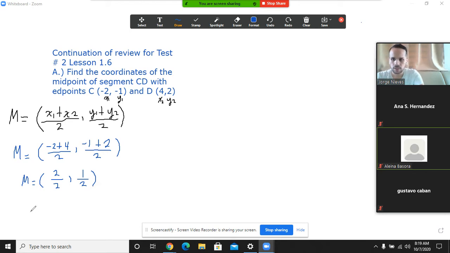Yes. 2 divided by 2 is the same as saying 1, because how many times does 2 fit in 2? Well, that's 1. And 1/2, we can do nothing more with that term, okay? So the answer is 1 is the first coordinate of M, and the second coordinate of the midpoint is 1/2. ¿Entendimos eso? ¿Vieron que no es difícil? It's just like that, okay? ¿Dudas, preguntas de ese ejercicio?